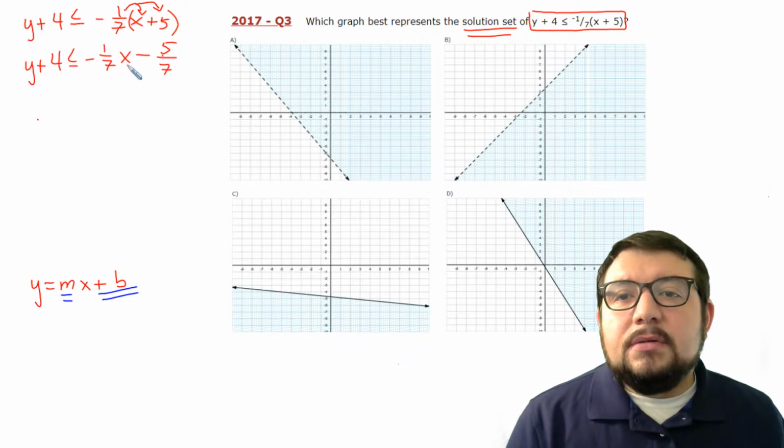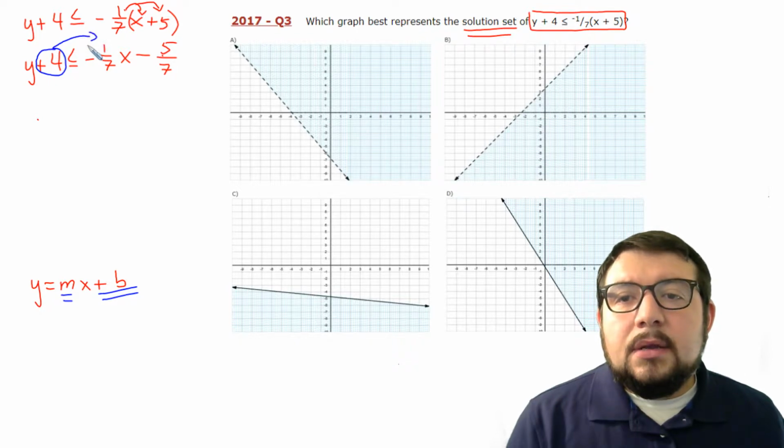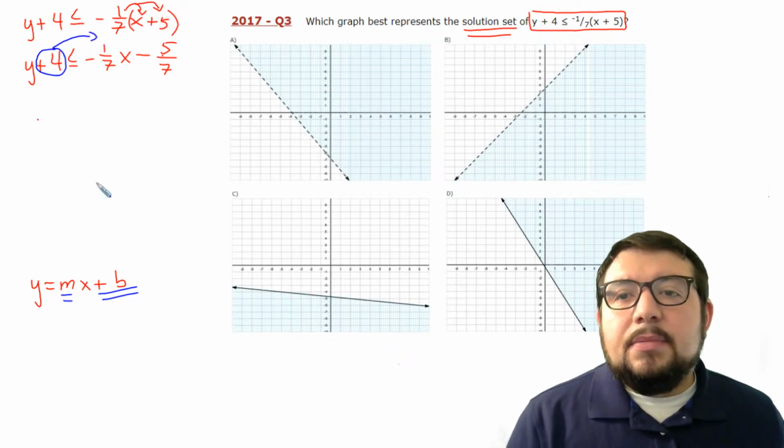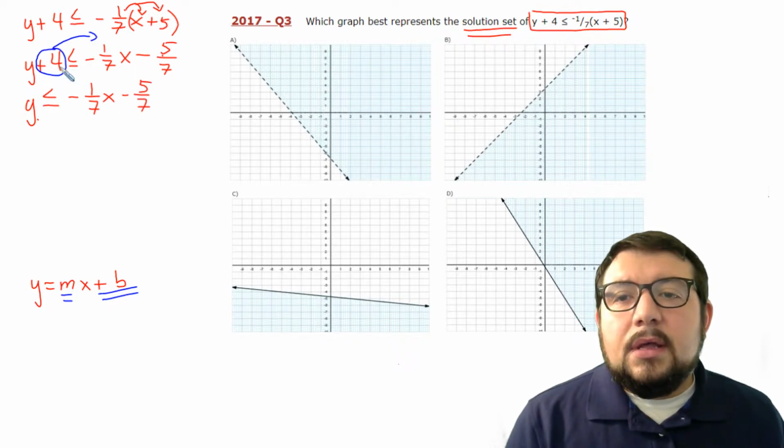It looks pretty good on this side, but this 4 is just kind of hanging out. It needs to go over to that side. And that's allowed, but if you cross the equal sign or the inequality sign, you just have to change the symbol. So the left side is still okay with just the y. Then I'm going to put negative 1/7 x minus 5/7, and this is going to be minus 4.